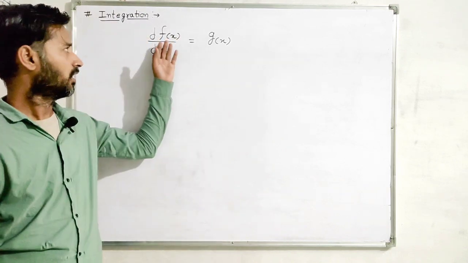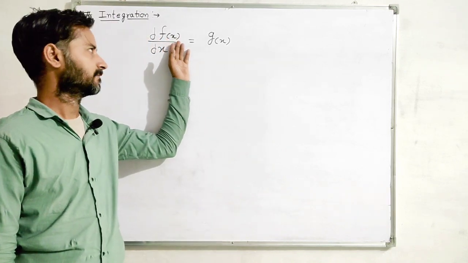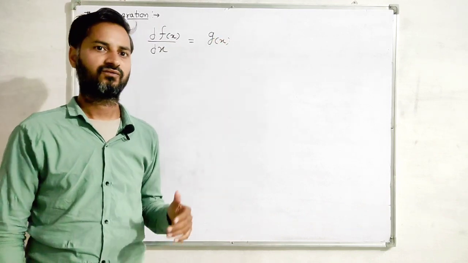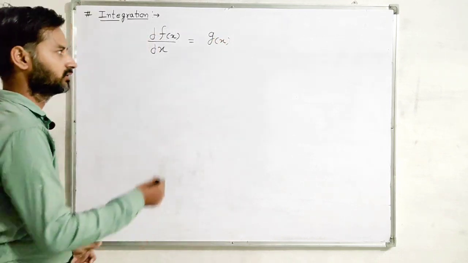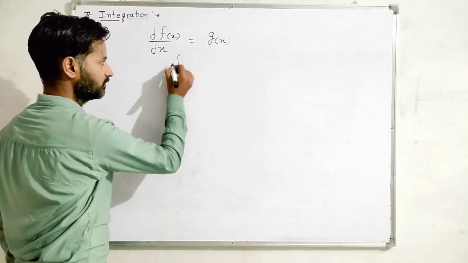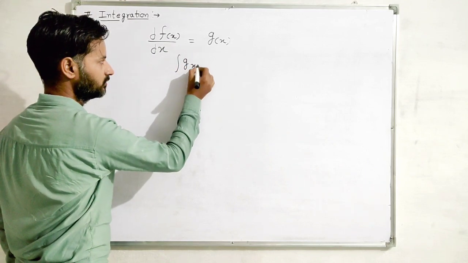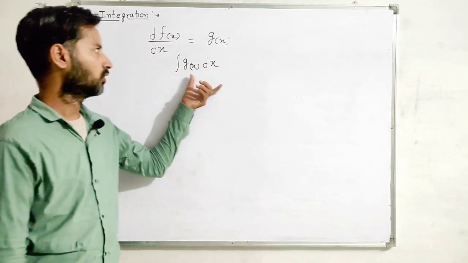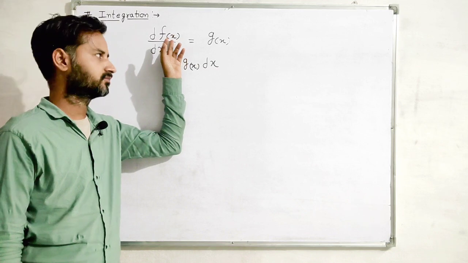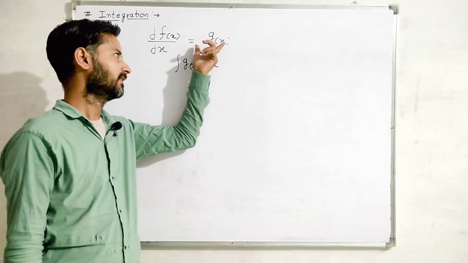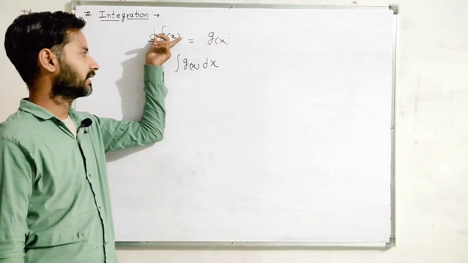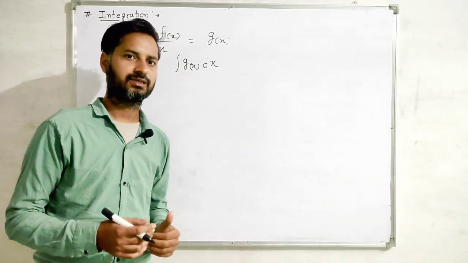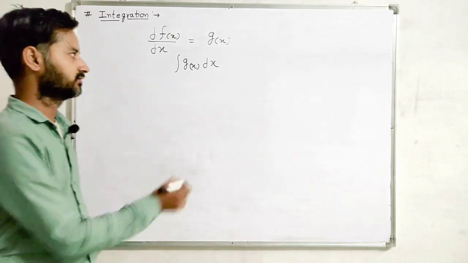Then this function f of x is called the integration of function g of x, which is symbolized or denoted as this. So if by differentiation of this function we get this, then by integrating this we again get this function. Thus integration is just a reverse process of differentiation.